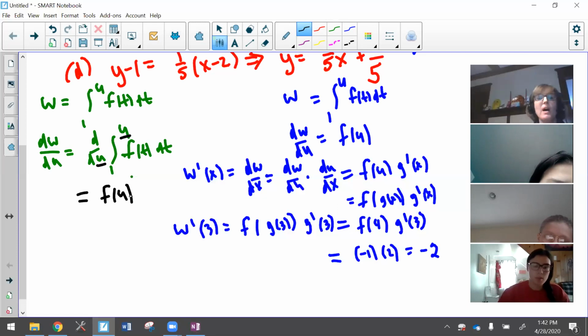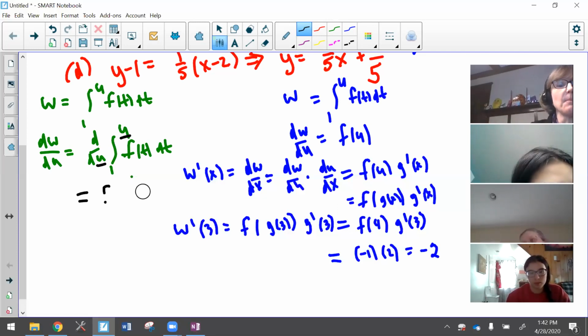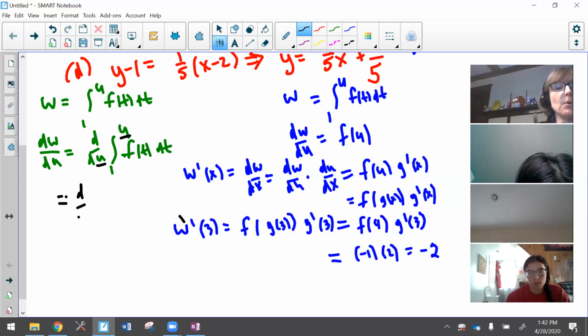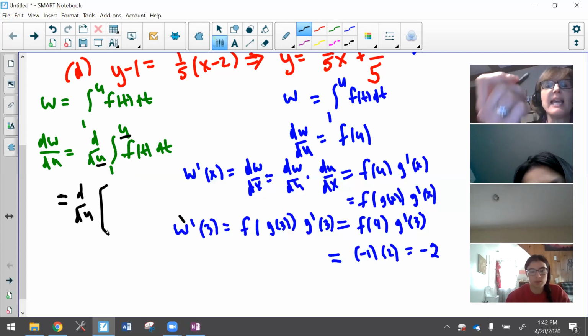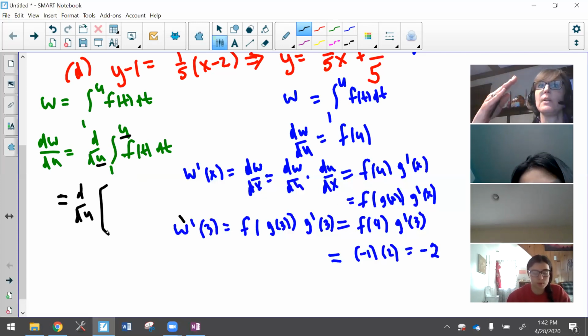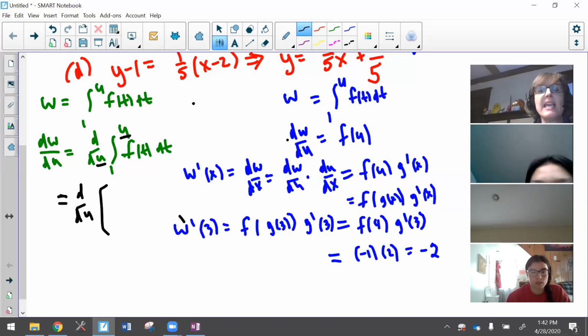And if you really want to take this to another step, Emma, that may help with what you're confused about. If I don't take my derivative here, I just do my integral, and I'm going to say that the antiderivative of little f of t is capital F of t, so that when I take dF/dt, I get f of t.